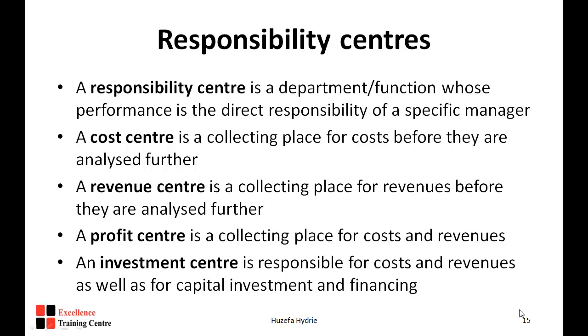Definitely you want to get some return on that. So the best performance measure of the investment center is the returns, and that can be return on capital employed, return on investment, residual income, and asset turnover. All of these ratios will be discussed later on in the section on performance measurement.